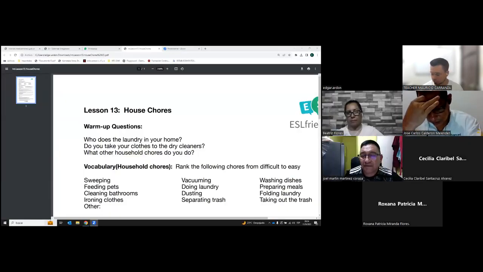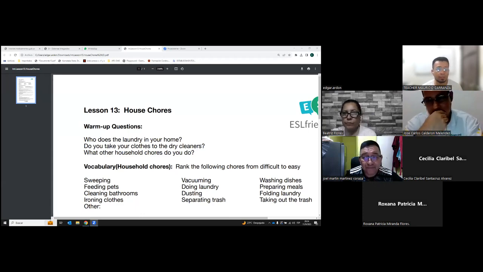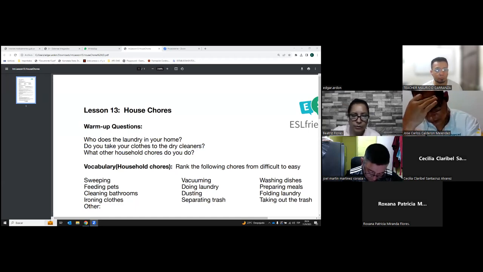I don't remember, how do you say traje? Smoking, saco, maybe suit. Jacket, I mean, saco. Traje completo, saco y pantalón. Suit.